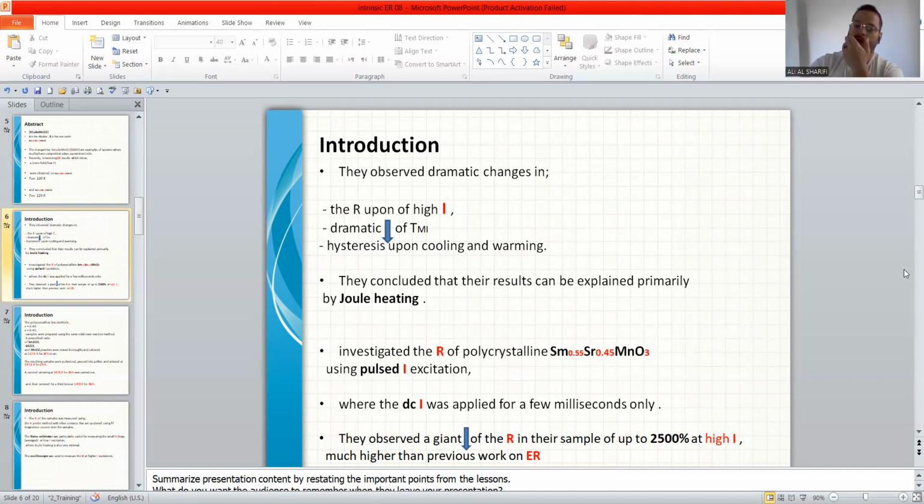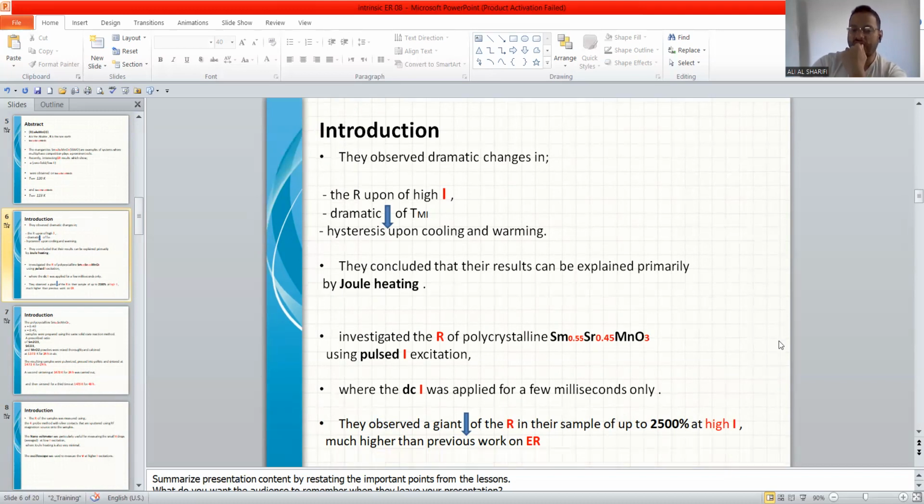They investigated the resistance of polycrystalline samples of this component using pulse current excitation, where DC was applied for just a few microseconds or milliseconds. They observed a giant decrease of the resistance in their sample.